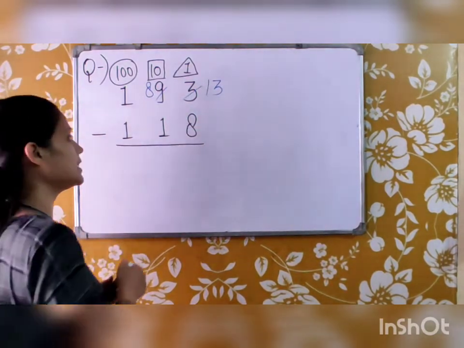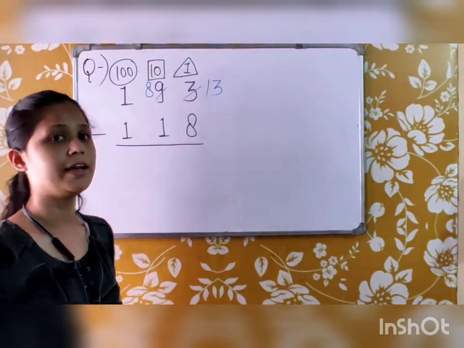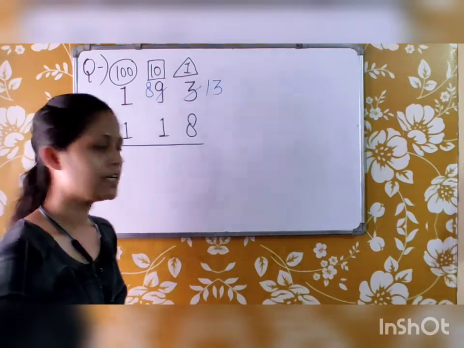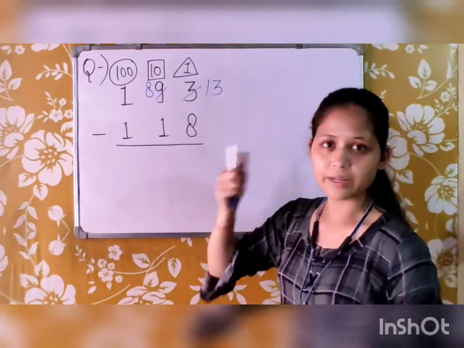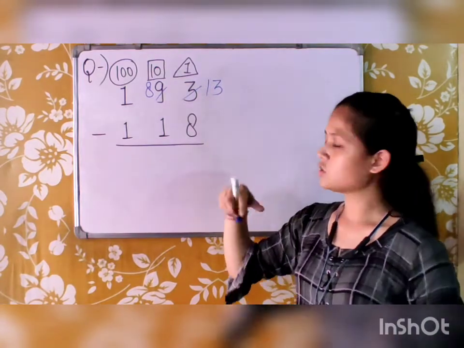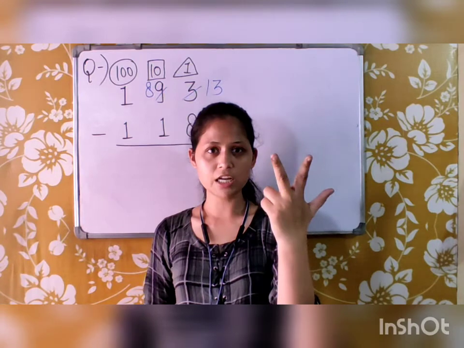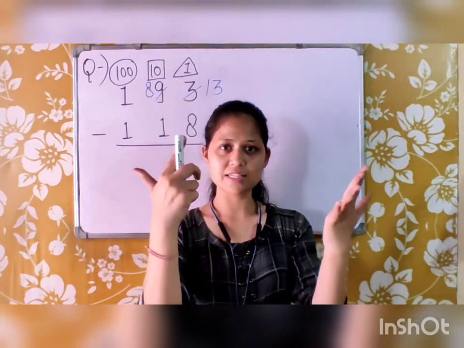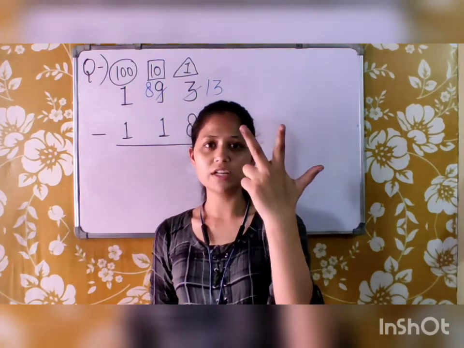Now I have to subtract 8 from 13. Can I subtract 8 from 13? Yes, we can, because 13 is a bigger number and 8 is a smaller number. Counting 1, 2, 3, 4, 5, 6, 7, 8, 9, 10, then 11, 12 and 13.